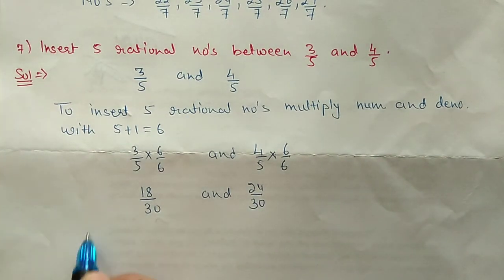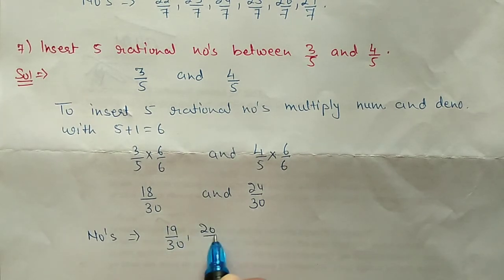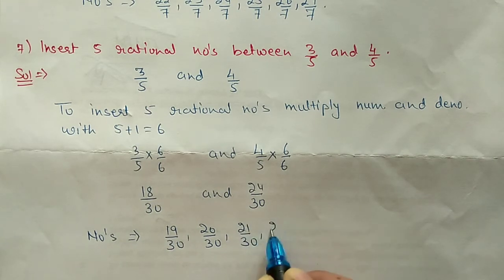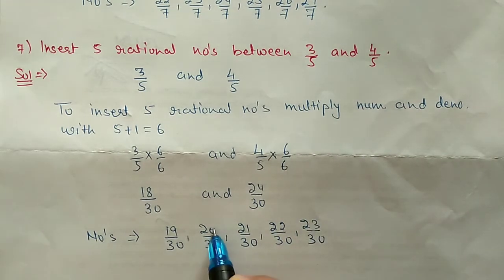So the numbers will be, after 18, 19 by 30, 20 by 30, 21 by 30, 22 by 30, 23 by 30, and a few numbers we can change into simplest form also. Like in the second one we can cancel 0 and 0.